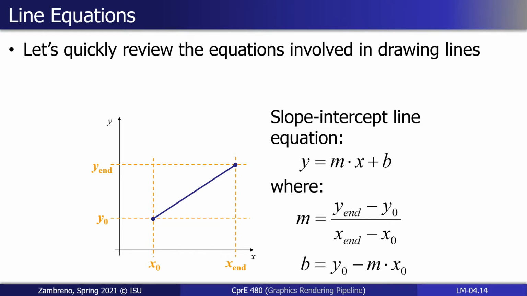Given 2 endpoints, we can find the rise over the run and calculate our slope, and then we can plug in any known point and calculate our y-intercept. So m is our slope and b is our y-intercept. That is the equation for a basic line, or one way of representing the equation for a line.